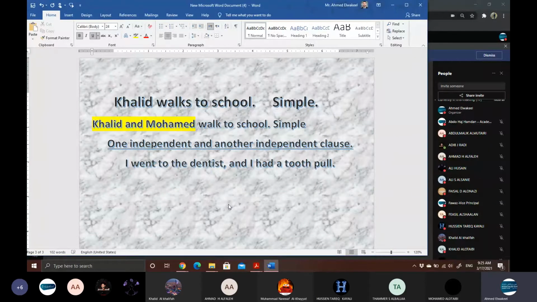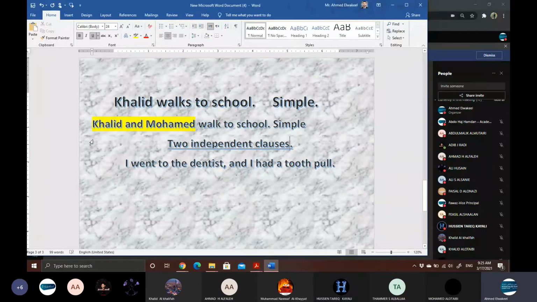Right? So in order to have the compound sentence, you need what? Two independent clauses. Right, Hussein? Yes.